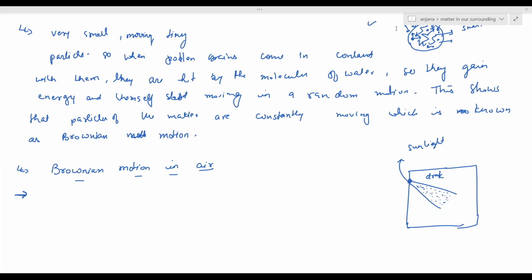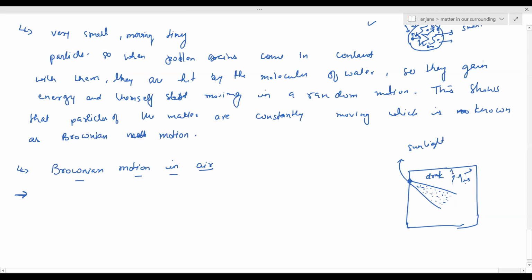Yes, good, Rohan, very good. No, Samat, not from sunlight, and Shivansh, not because of the wind. It is because of the air. Yes, Varsha, good. Raghavi is also right. Rohit is also right. So what is exactly happening here? Air has a lot of gas molecules, and they are constantly moving.